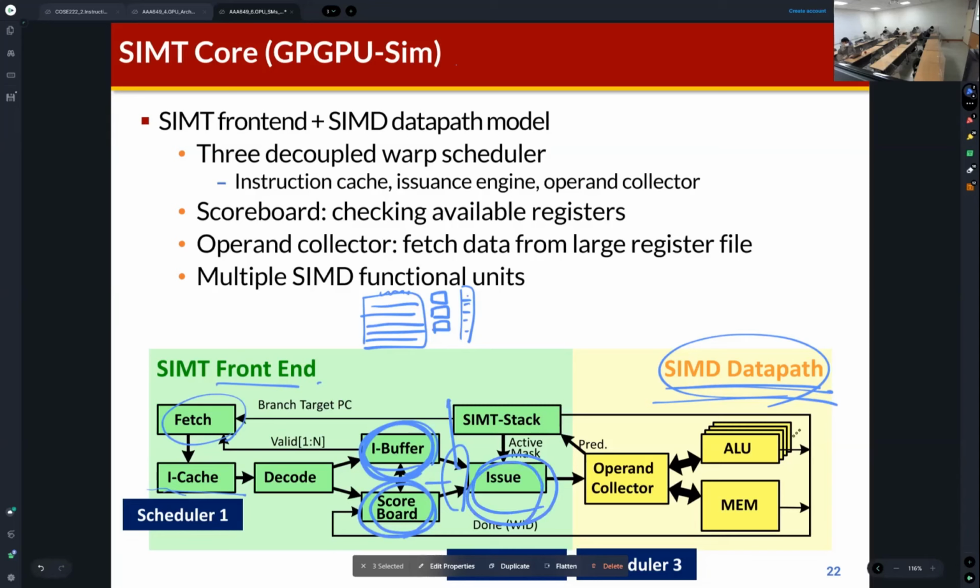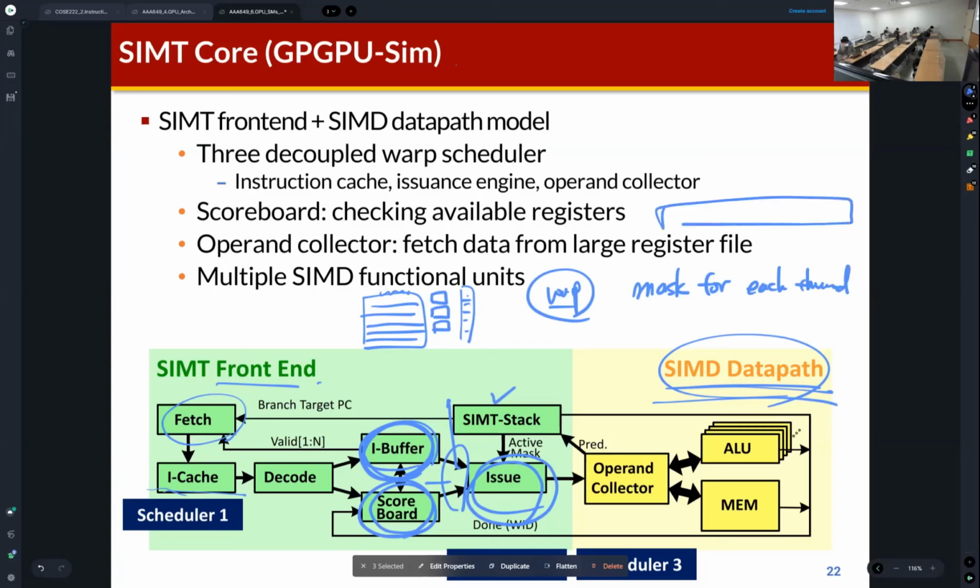And then also the GPU has the SIMT stack. The SIMT stack is required for supporting branch instructions. I will explain later, but in order to support divergent execution paths by branch instructions, a warp has an execution mask for each thread.